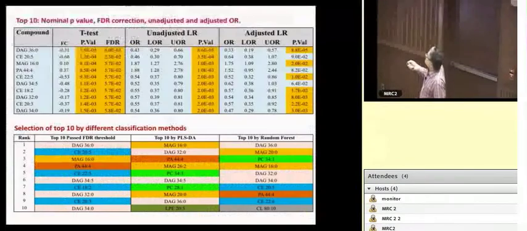This is the list of top 10, and this is the simple t-test, and that's the fold change, and this is the nominal p-value, and that's after correction by FDR.